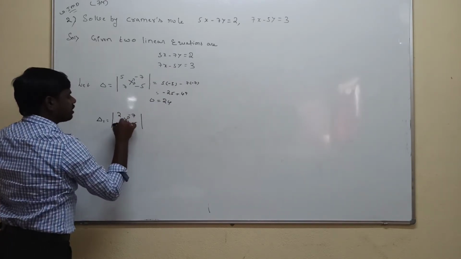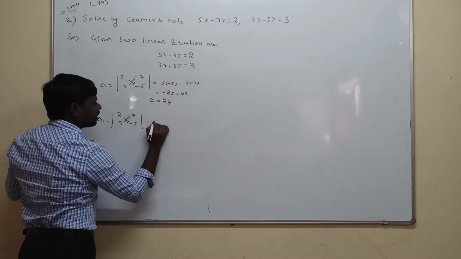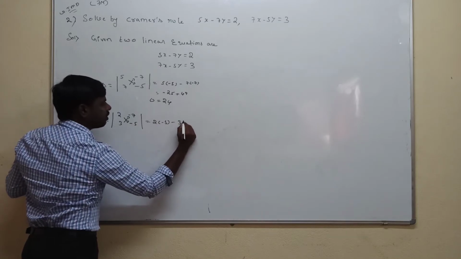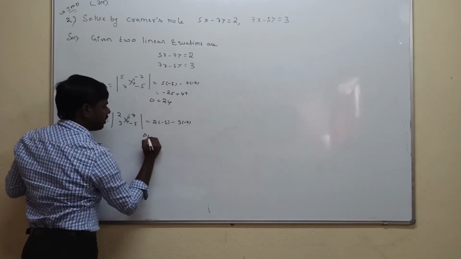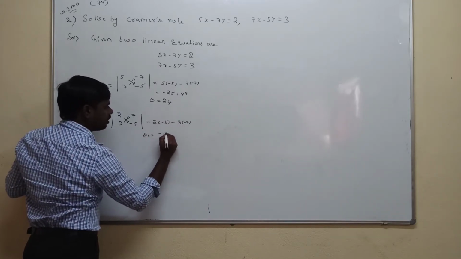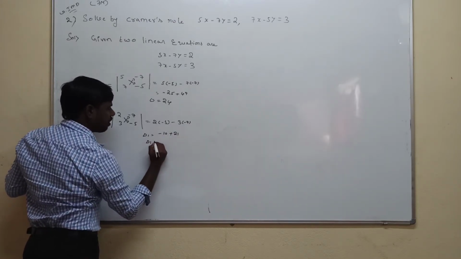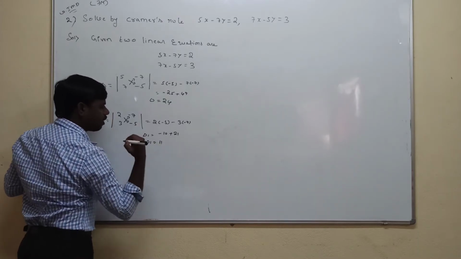Now applying cross multiplication method. 2 into minus 5, after that the symbol is negative, 3 into minus 7. Delta 1 is equal to 2 into minus 5 is minus 10. Minus into minus plus, 3 7s are 21. So delta 1 value is minus 10 plus 21, which is plus 11.